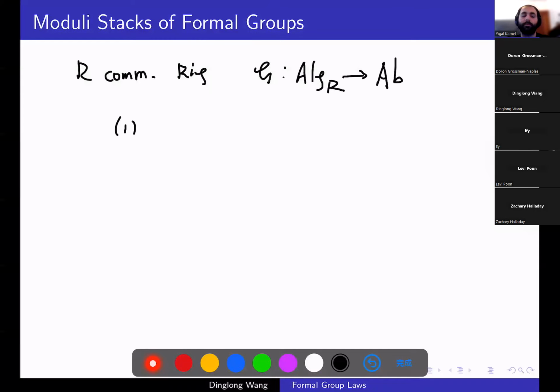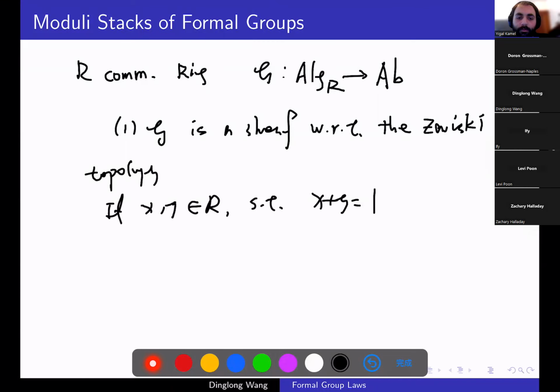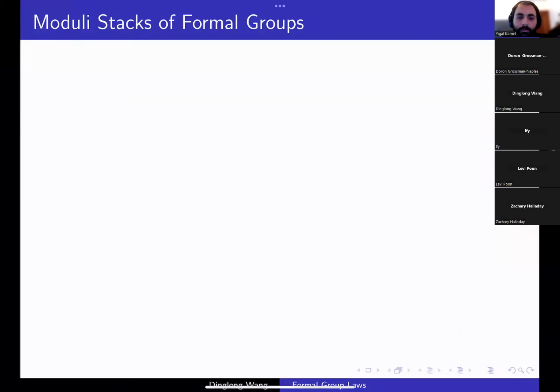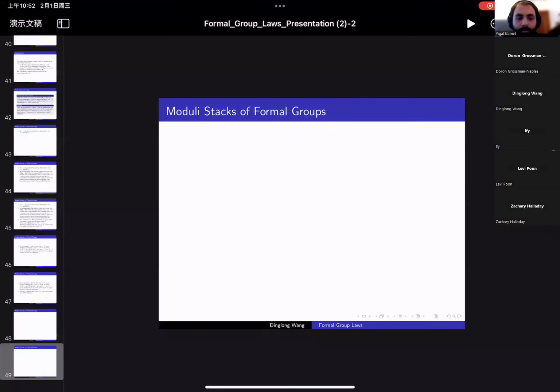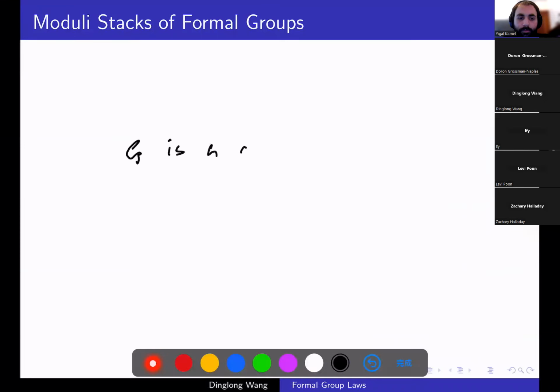First of all, the functor G is a sheaf with respect to the Zariski topology.